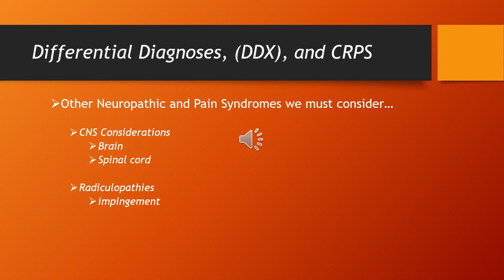Tabes dorsalis, another example, and that's the complication due to untreated syphilis, neurosyphilis. That involves muscle weakness and abnormal sensations as well. Additionally, multiple sclerosis to consider. Now, it's not as obvious, but poliomyelitis is something you would have to take into consideration in performing the differential diagnosis. How about radiculopathies? This is something that we see quite often.